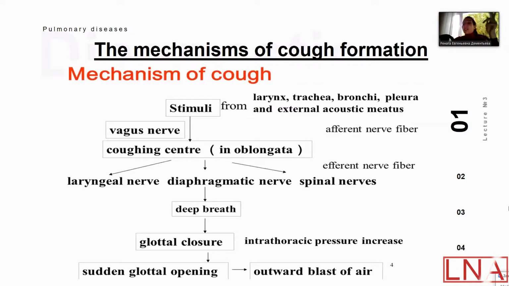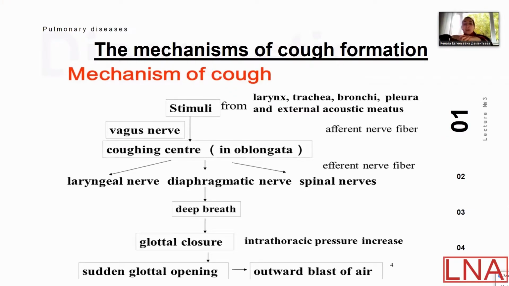So, in fact, it is the same scheme as the mechanism of formation of the cough push. Stimulation from the larynx, trachea, bronchi, pleura, and external acoustic meatus, by damage or the presence of particles, travels via the vagus nerve to the cough center in the medulla oblongata, then is differentiated by three ways: the laryngeal nerve, the diaphragmatic nerve, and the spinal nerves, which carry the returning impulse from the medulla oblongata.